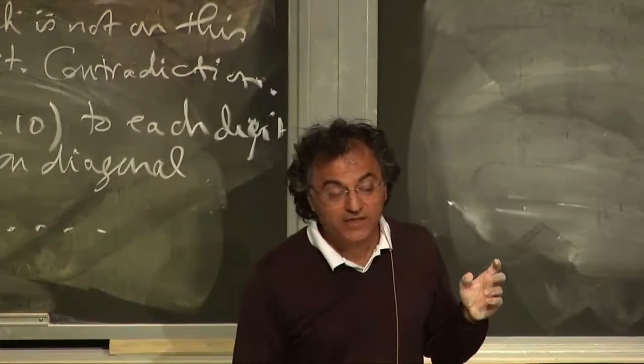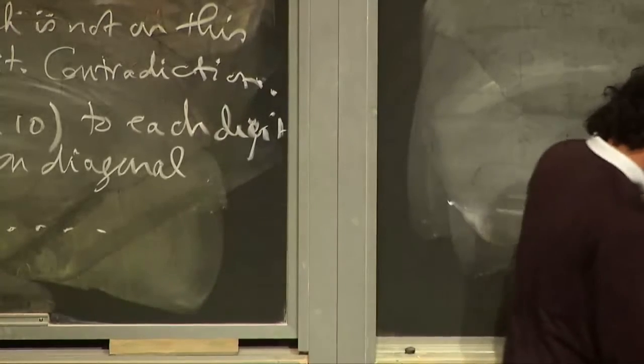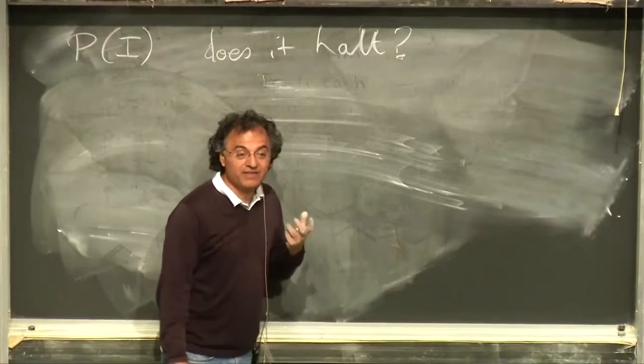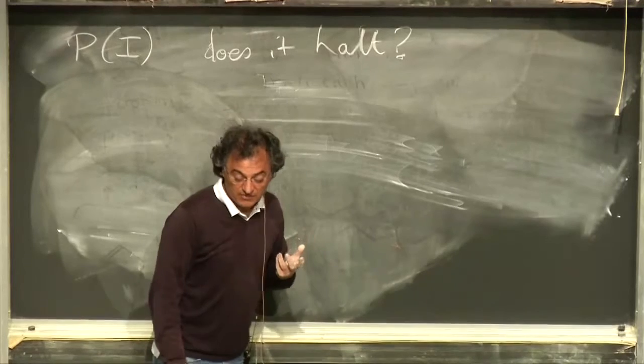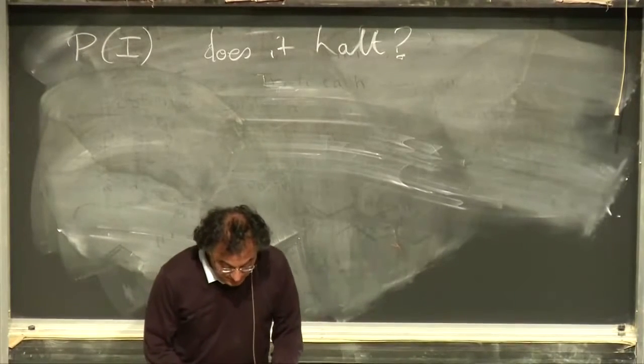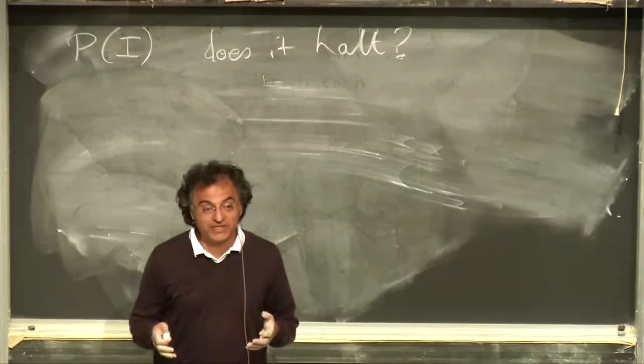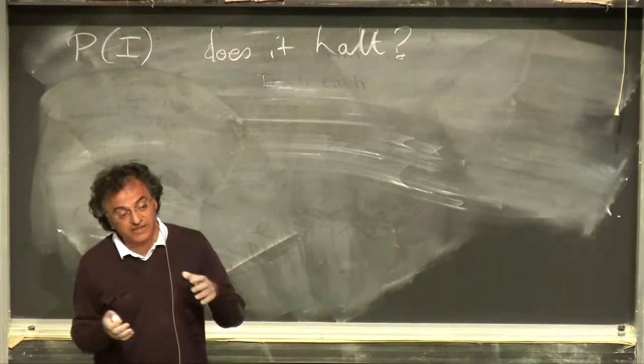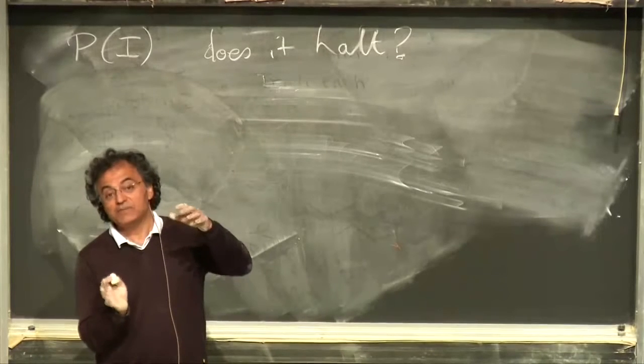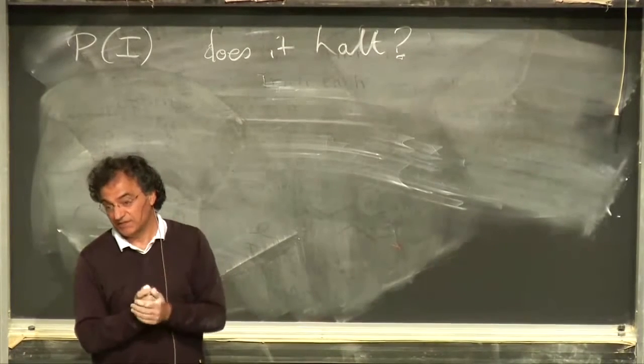One of the great things that Turing did is, of course, first of all, he defined this model of computation. Long before a computer existed, he defined an abstract model of a computer called a Turing machine.